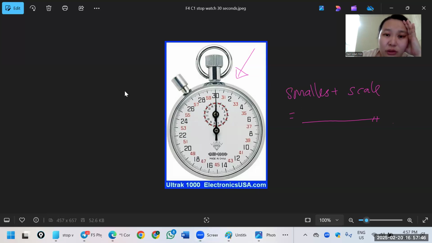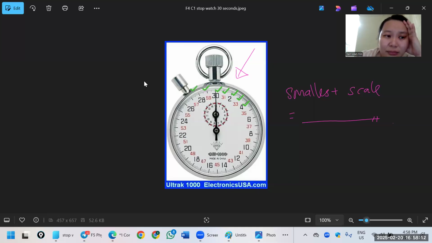For this one, how is it? You might feel confused. Why 30, 31, 32, 33, 34? Actually it's like this. Can you see the colors black and red? So this is 0, then 1, 2. The first round is black. 3, 4, 5, and so on, until 28, 29, 30.